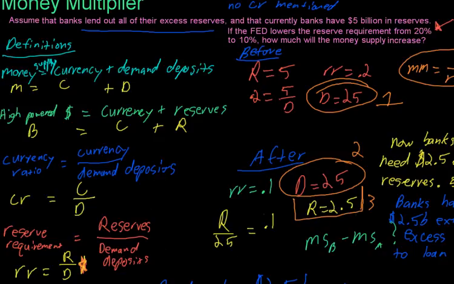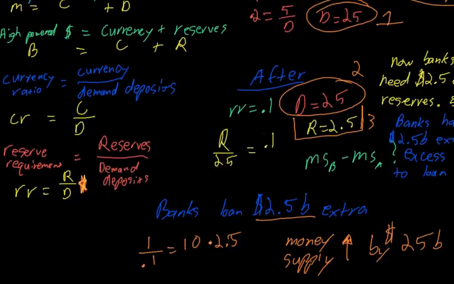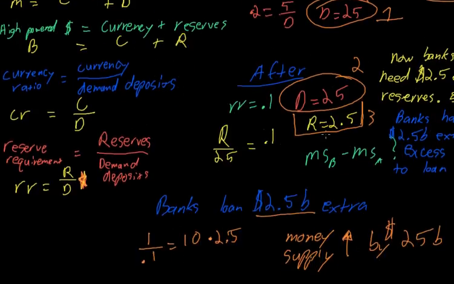And then from there, we take the amount of new excess reserves, which is money that's going to be loaned out, and we multiply it by the money multiplier, which is just 1 over the new reserve requirement. And when you do that, you get your answer, which is in this case that $25 billion of new money is going to be created.